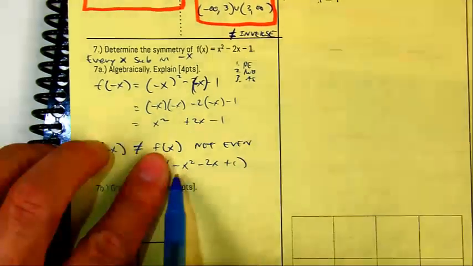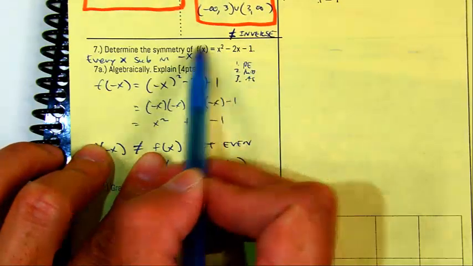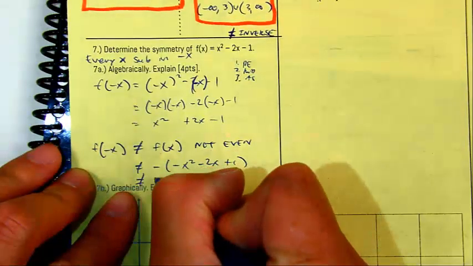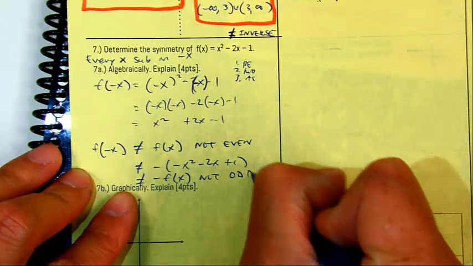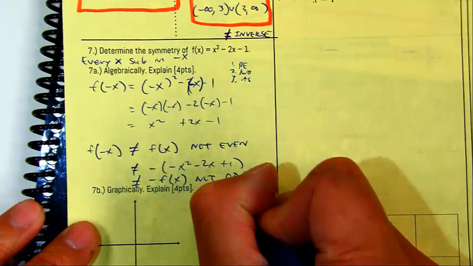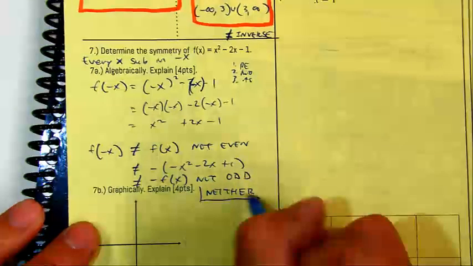And then here, can you write x squared minus 2x minus 1? Can you write f of x there? The answer is no. So this is not equal to the opposite of the original, so it's not odd. If it's not even and not odd, then the answer is it is neither.